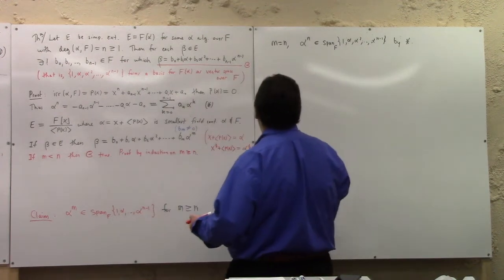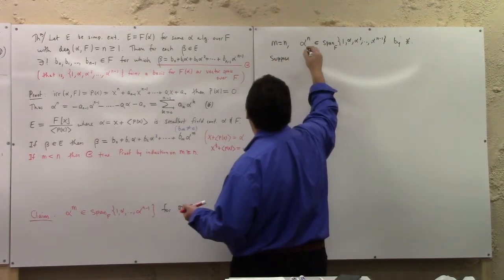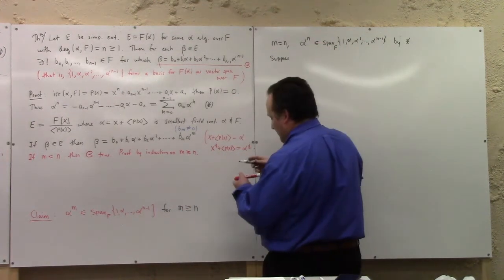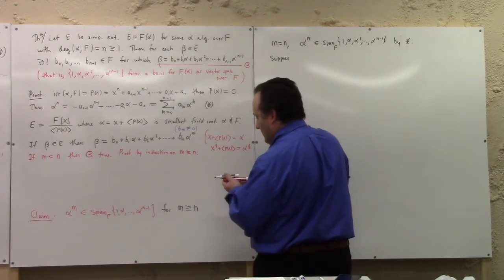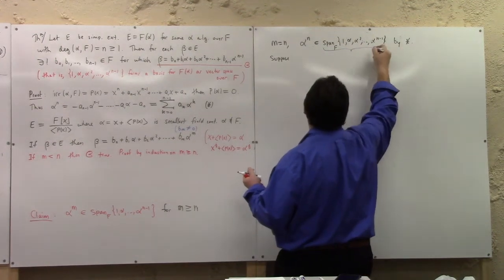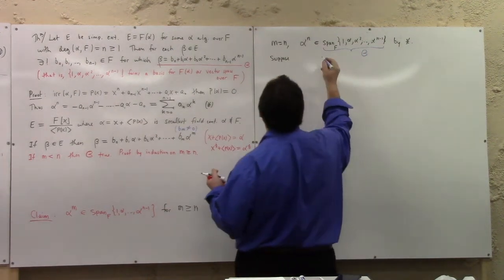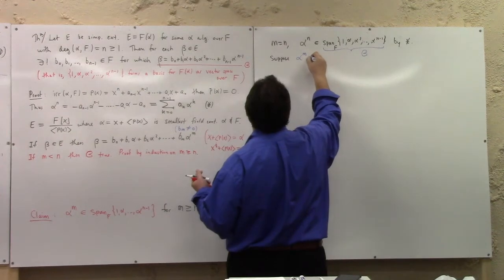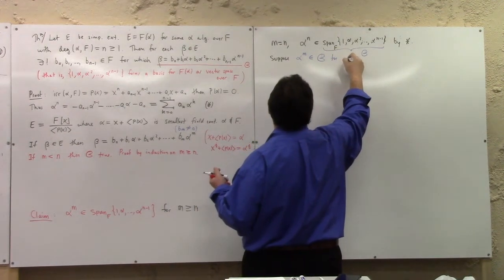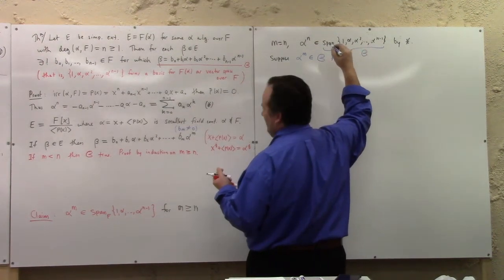All right, so suppose inductively, and to make life easier, so I stop writing this over and over again, let's just call this whole thing right here Pac-Man. So suppose alpha to the m is an element of Pac-Man for some, I'm sorry, m is fixed here, isn't it?